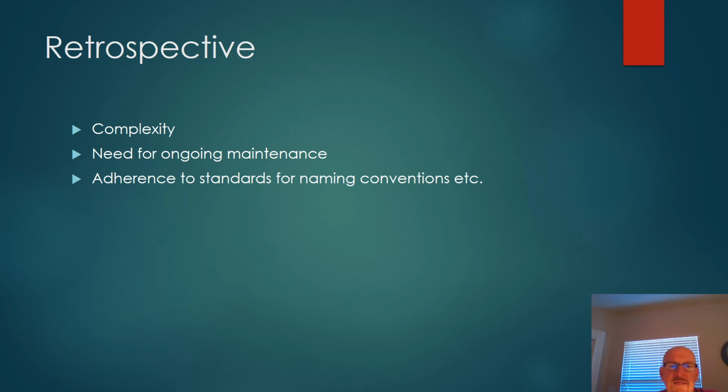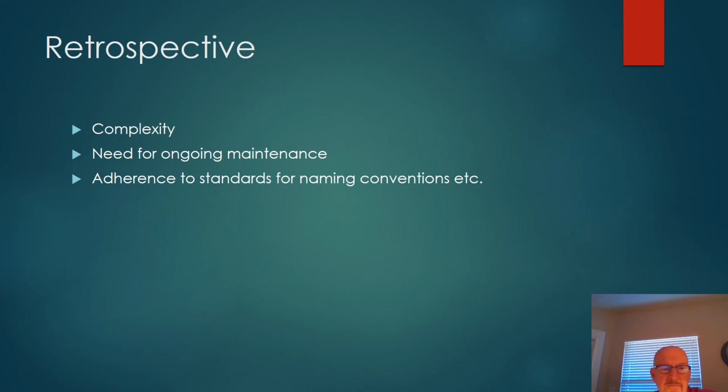Probably the final thing that I would note is the need for adherence to standards and for naming conventions. This did come up to bite me a couple of times where I thought, I wish I hadn't named that. And so learning and adhering to the standards and naming conventions of the organization is really, really important, really critical.